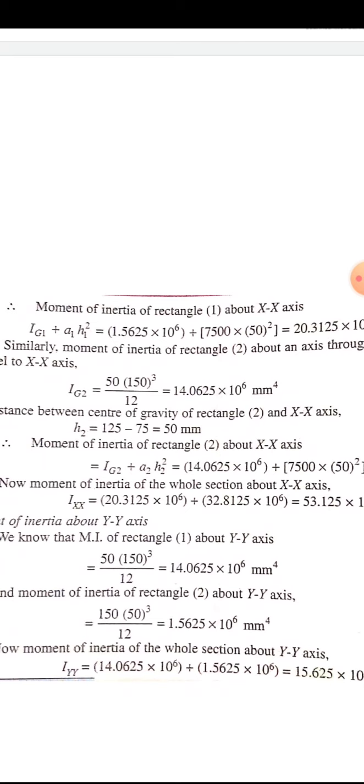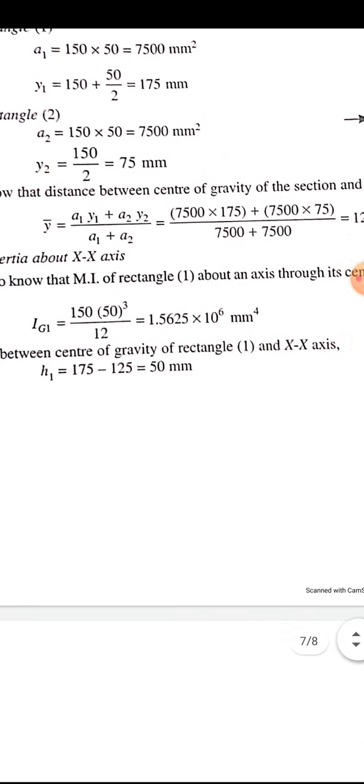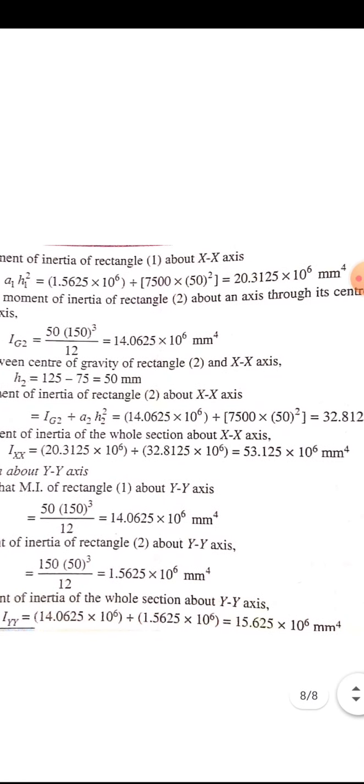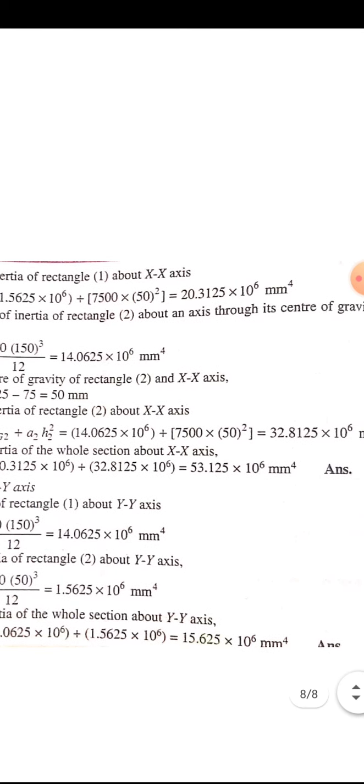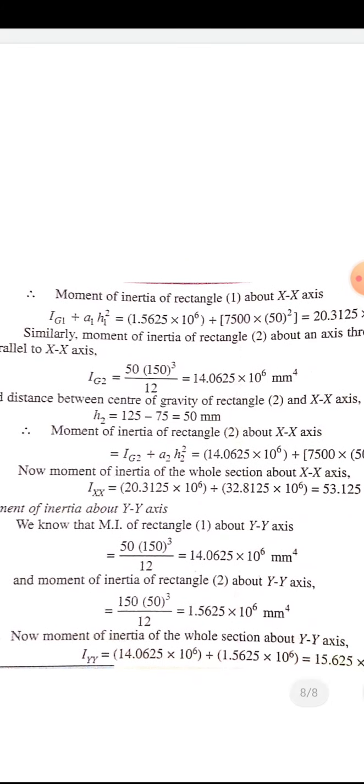Ig1 is 1.5 into 10 to the power 6 plus A1, 7,500, put it into 50 square. So it is calculated equal to 20.3125 into 10 to the power 6 mm to the power 4, just do the calculation.